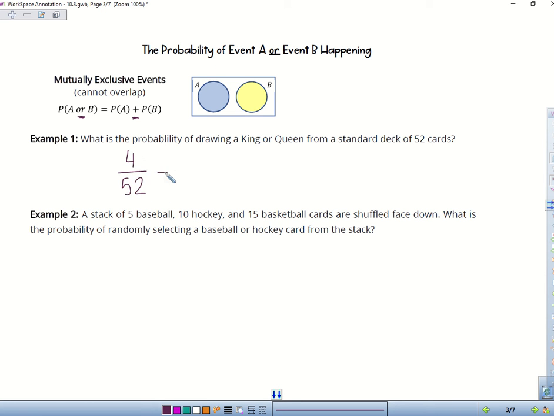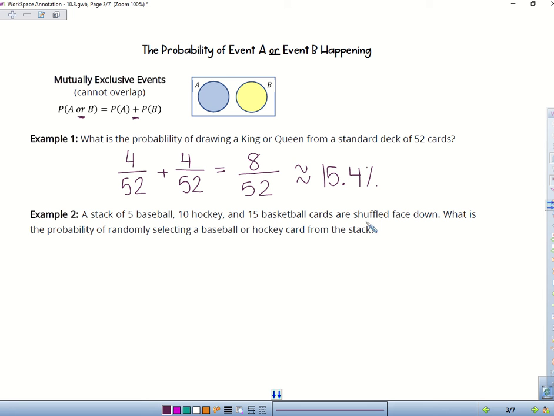Plus, how many queens are in a standard deck of cards? Also 4. And is there ever a chance where you can get a king or queen on the same draw? Picking one card? No. So the chance of that happening is 8 out of 52, because you're okay with any of those 8 cards. So to get this, you just do 8 divided by 52 times 100, which will give you approximately 15.4% chance of happening.